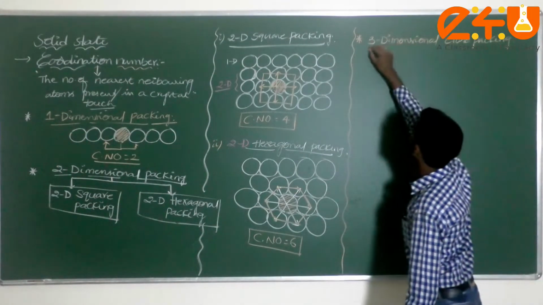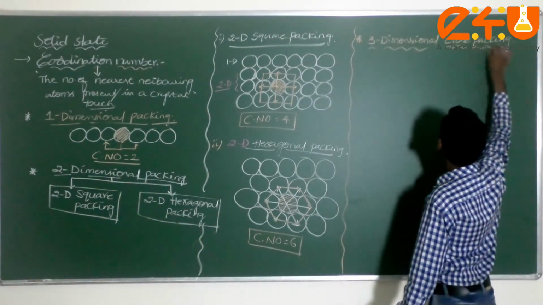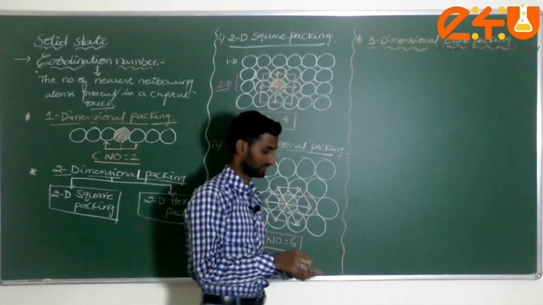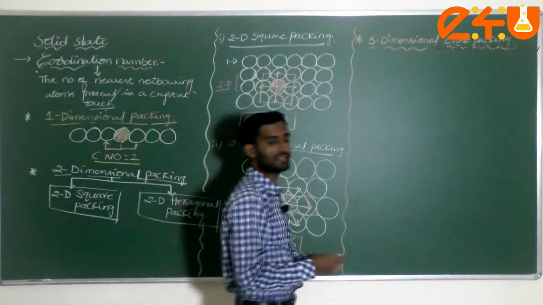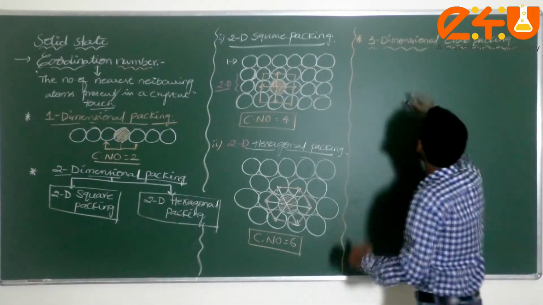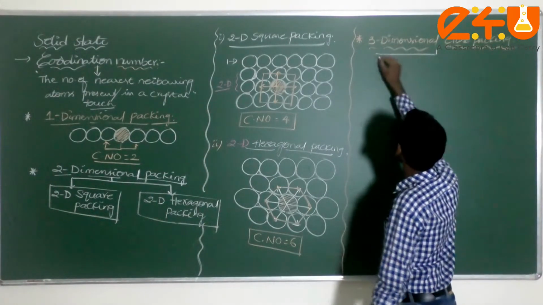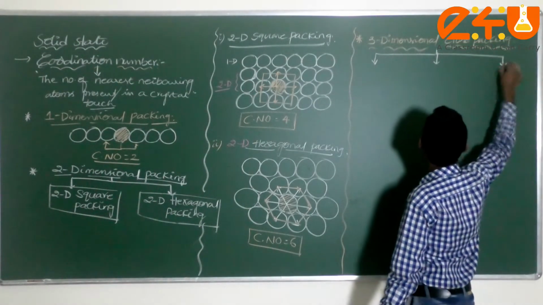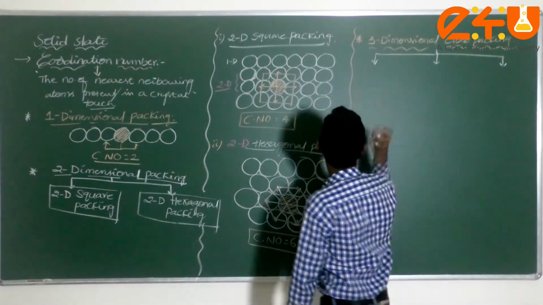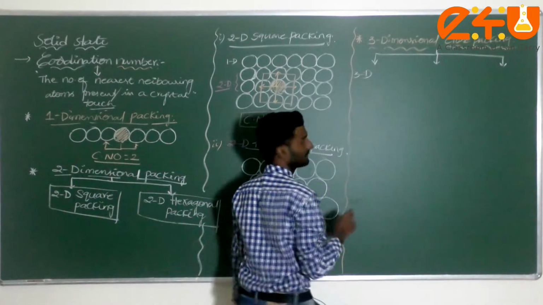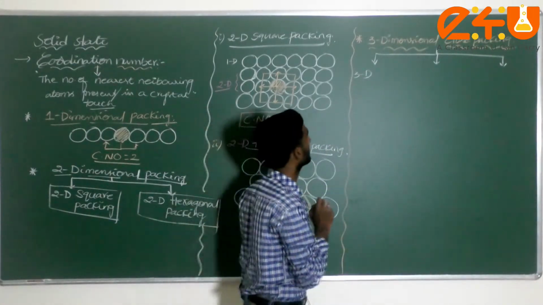In the 3-dimensional close packing, generally we are having 3 types. How many, dear students? Generally in 3-dimensional close packing we are having 3 types. First of all, I am considering 3-dimensional.